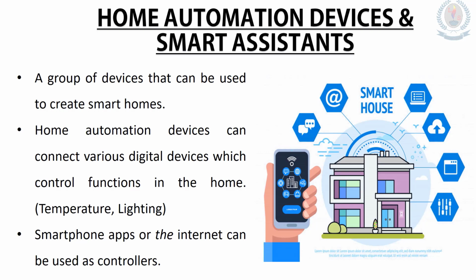These functions can be controlled from apps on smartphones or the internet. There are many advantages of home automation. Some of them are: we can maximize our home security, we can increase energy efficiency, and we can manage all our home devices from one place.